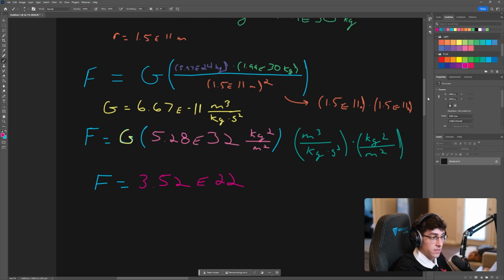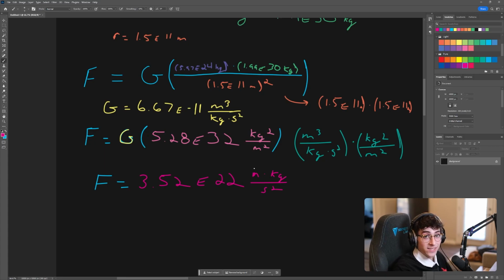And this will give us the final units of, so if it's meters cubed over meters squared, we're going to be left with 1 meter in our numerator, so meter, and then times kilograms squared over kilogram. We're going to be left with 1 kilogram in our numerator, so meters times kilograms, and then all that's left is seconds squared on the bottom. Force of gravity between the sun and the earth is equal to 3.52 times 10 to the 22nd meters times kilograms over seconds squared.